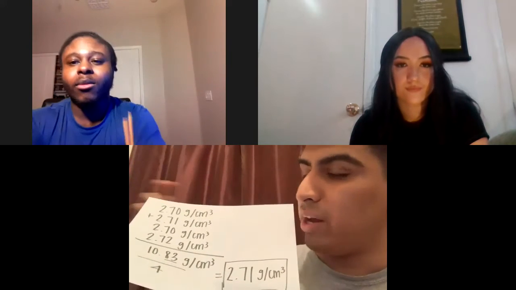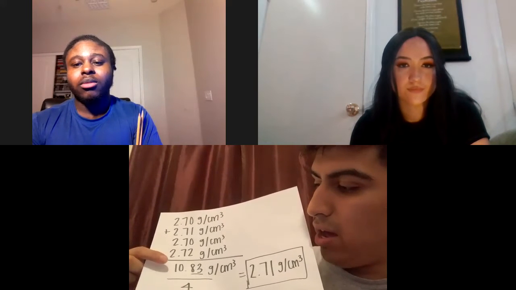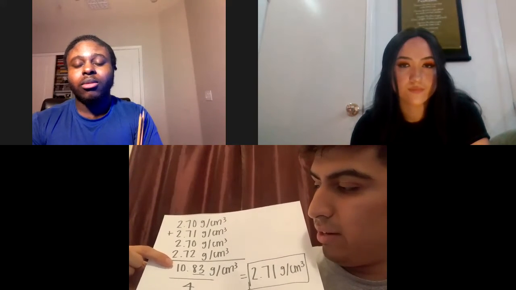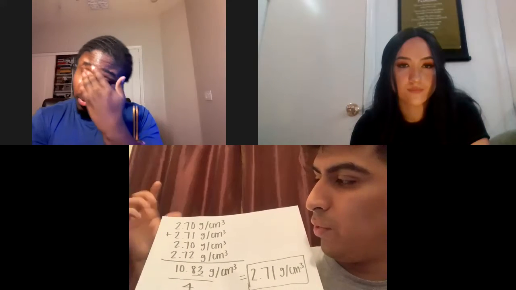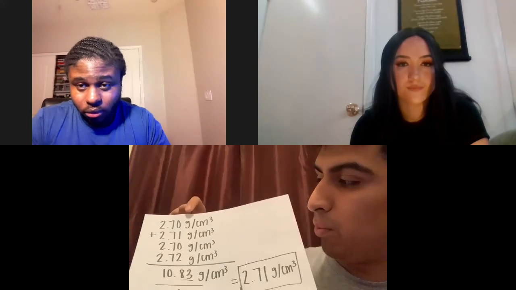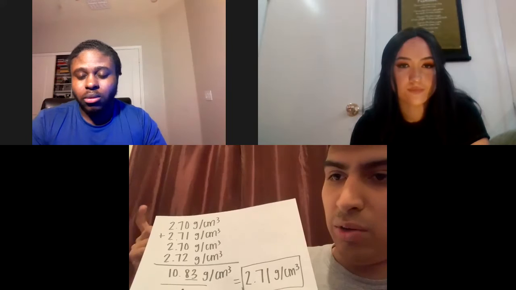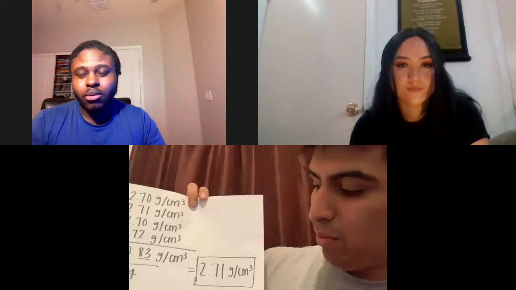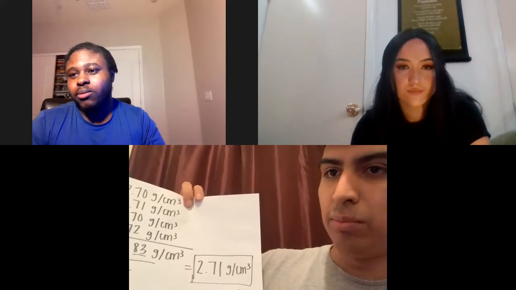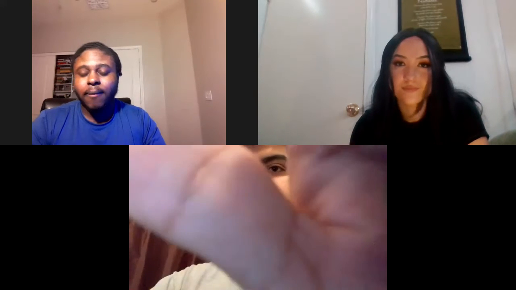And then in order to find our average, we have to add up all 4 of our values. It ended up being 10.83, but with the rule of sig figs, we have to do the least precise since we're adding, which means that we're rounding to the hundredths place. And then you divide by 4 since we do have 4 values, and the average ended up being 2.71 grams over centimeters cubed.